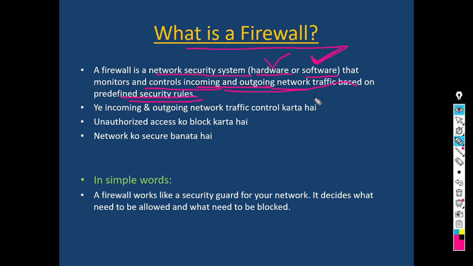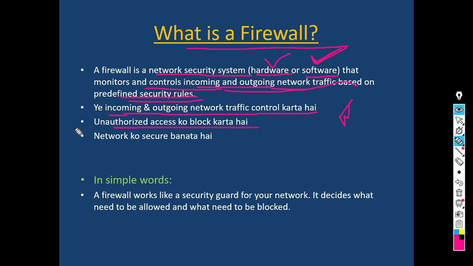Apart from that, it also does NATing. It also does what we call SSL decryption and layer 7 inspection. All this we will discuss in detail in further videos. So it allows or blocks network traffic, controls incoming and outgoing network traffic, and blocks unauthorized access.